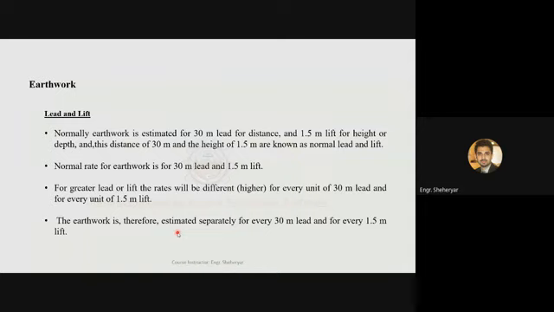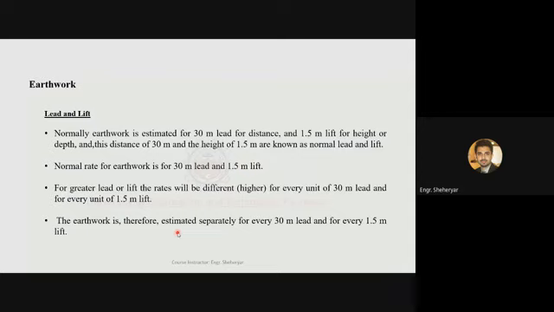Again, if it is increased, let's say, up to 50 meters, now you don't need to change your charges, and you'll stick to your rate up to 60 meters.